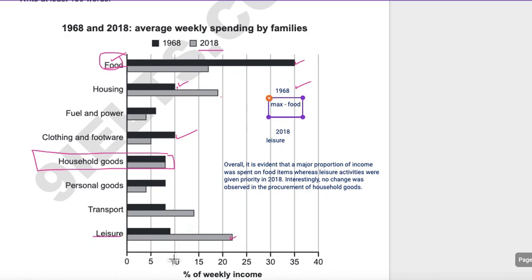So exactly 10% of the total income was spent on housing as well as clothing and footwear. ठीक है? Yeah, both housing and footwear costed 10% of the total expenditure of the families. ठीक है? Or the households, right?